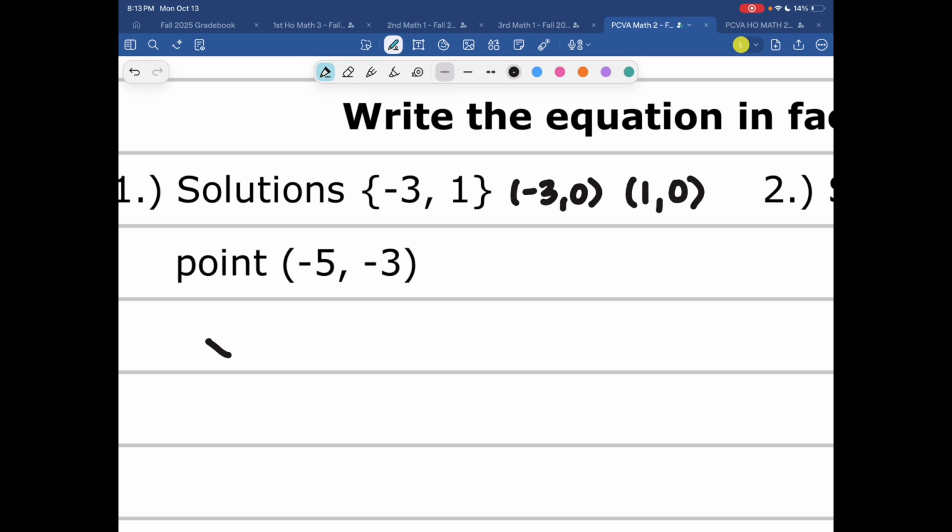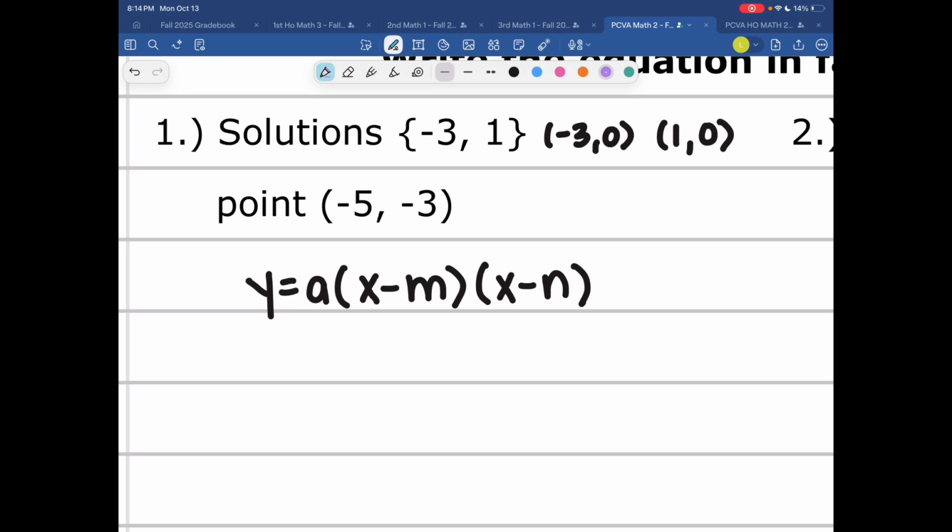So what we're going to do is just like we did before, we're going to use our factored form. So we have x minus m times x minus n. So I'm going to identify my information here. So remember, this is going to be an m and an n because they've listed these solutions, okay? And then my point is going to be my x and my y. So we're going to substitute that in.